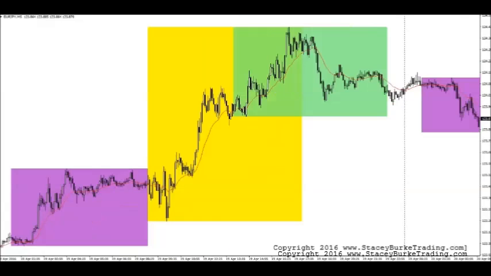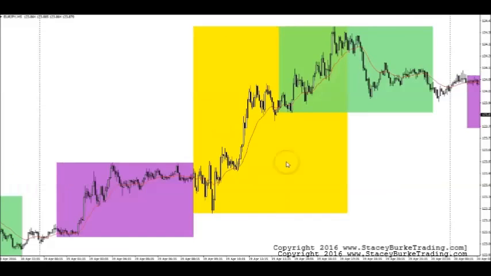Now if we take a look at the euro yen, again very similar to the pound yen, just marking off our high and low for the session, and again in a strong moving market we'll look for the 50% level possibly. We see the market retest that on the London Open, again taking out the high.